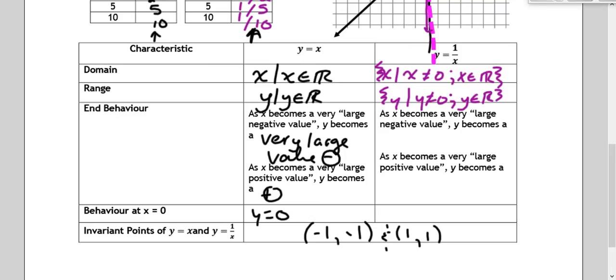So if we had, let's say, this example, y is equal to 1 over -100. As x gets bigger, y becomes smaller. As x becomes a very large positive value, same thing. The big thing here is that they get closer to 0.